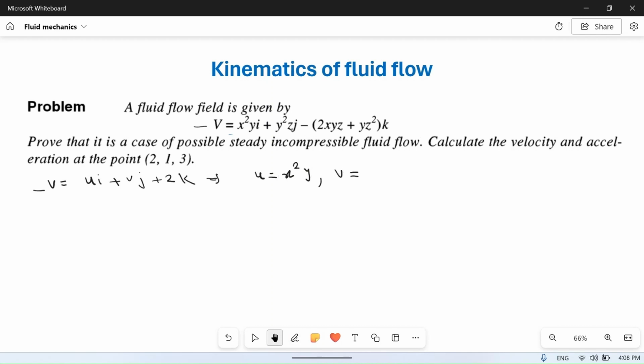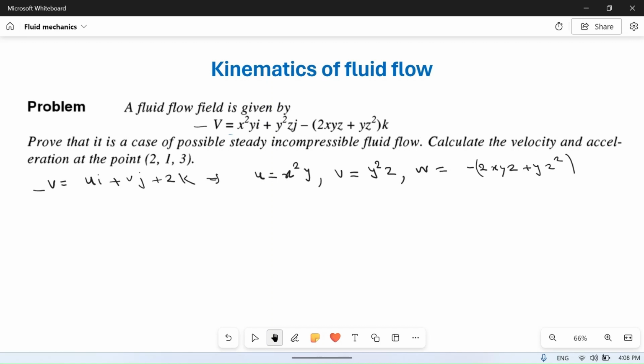These are the three components of velocity, u, v and w, in three directions.